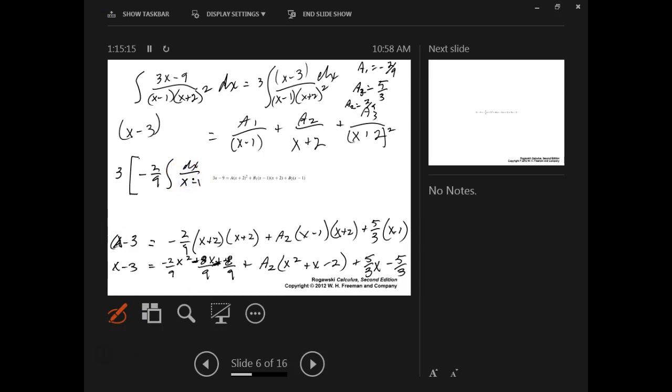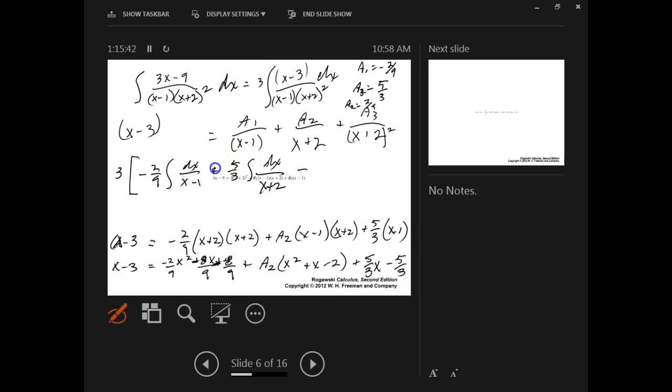Plus 5/3 times the integral of dx over x plus 2, minus, no, I used the wrong one.